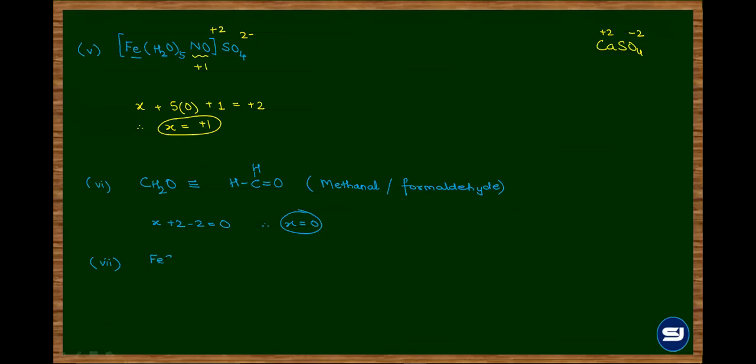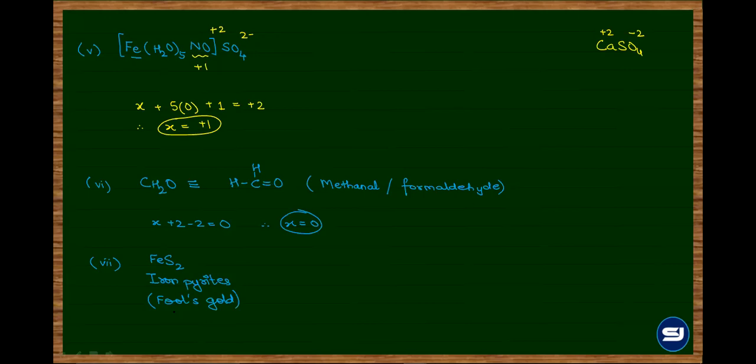And lastly, FeS2. This is called iron pyrites. It is a compound with a shine like gold. It glows like gold, but it is not real gold, and that is why it is called fool's gold. It looks like gold but is not real gold.